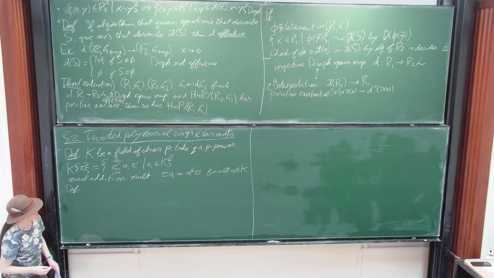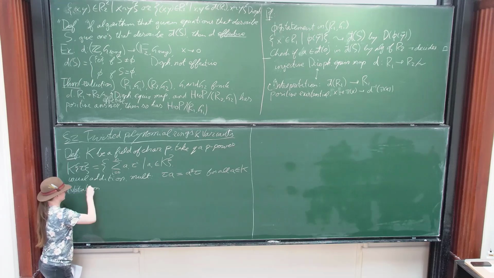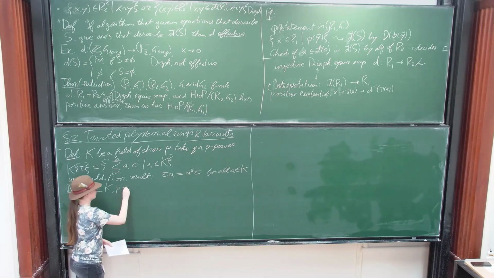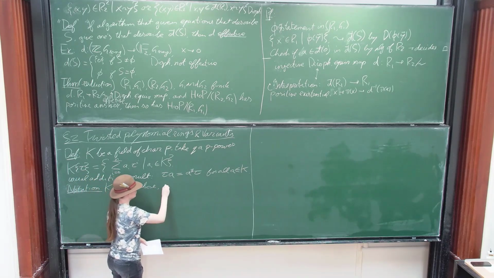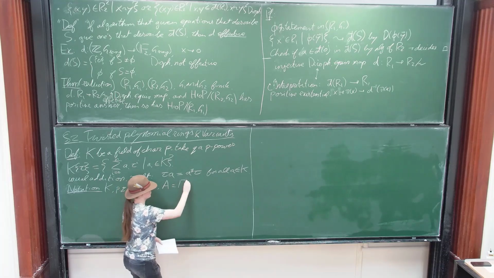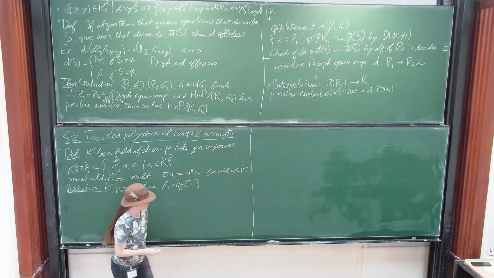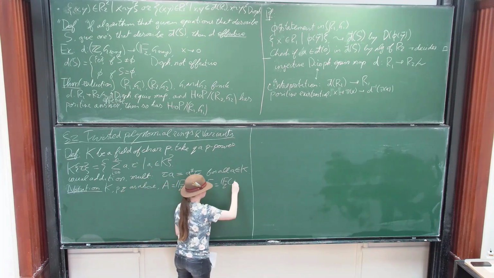I guess I should make some more definitions. First, notation. I always assume that K, p and q are as above. I write A for the polynomials over F_q, and I'll write F for the field of fractions of that.